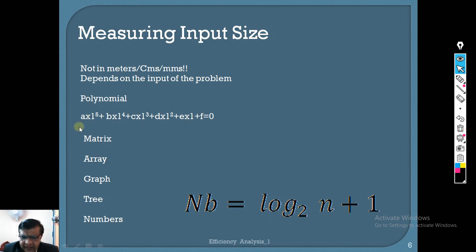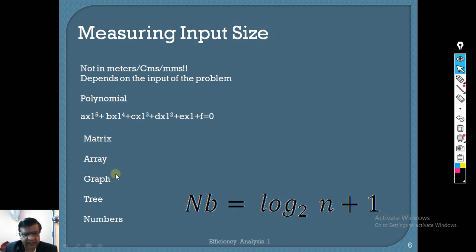If it is a matrix related problem, like graphs, trees, or assignment problems, there are many problems in operations research which are based on matrix manipulation. If the problem uses a matrix, then the size or order of the matrix is the input. If it is an array related problem, if an array is the input, then the size of the array is the input.